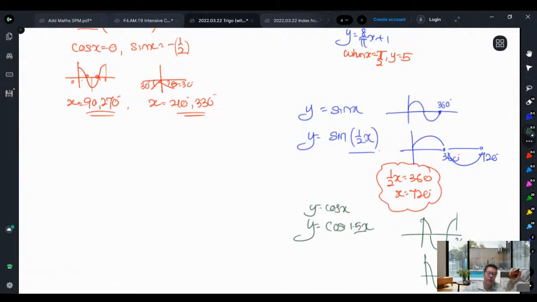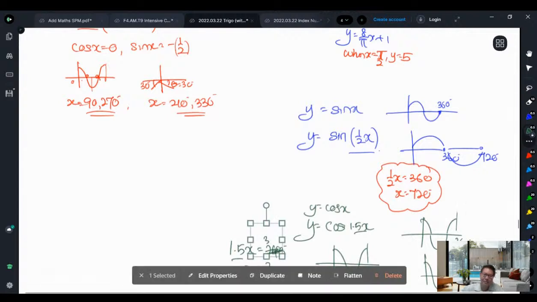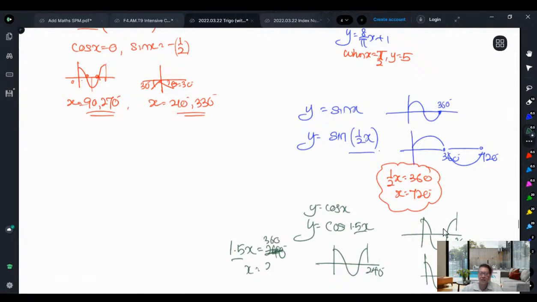So I will use 720 divided by 3. That will be 240. So one cycle will be 240 degree. Again, you can use the formula. One cycle is 360, 1.5 is... So one cycle is 240 degree.